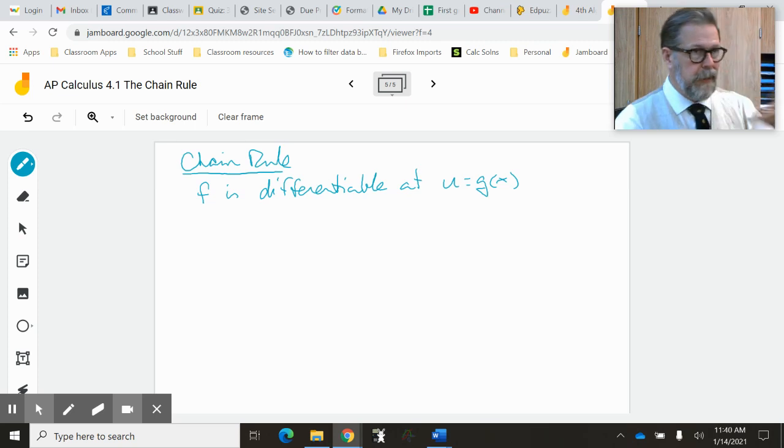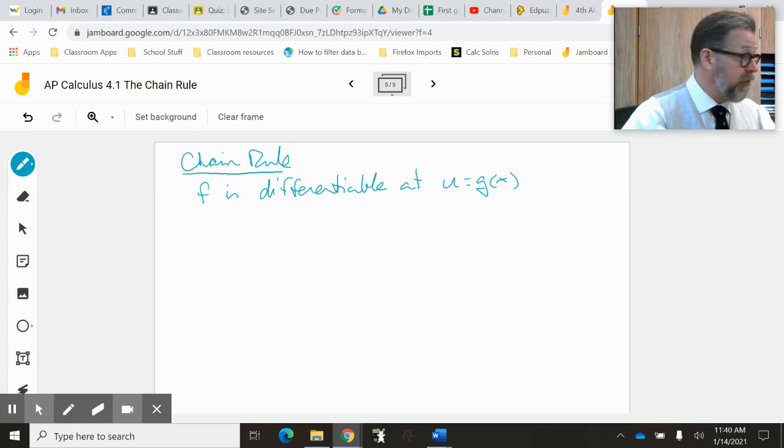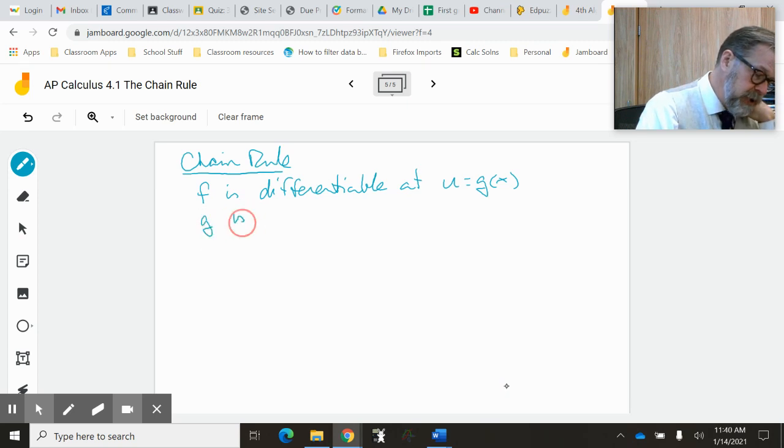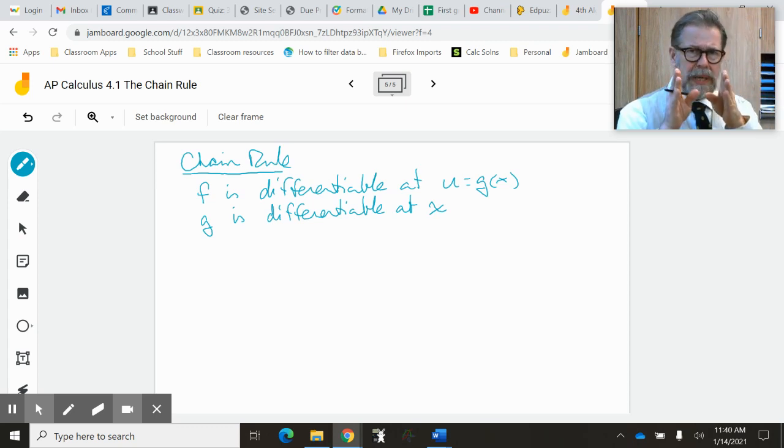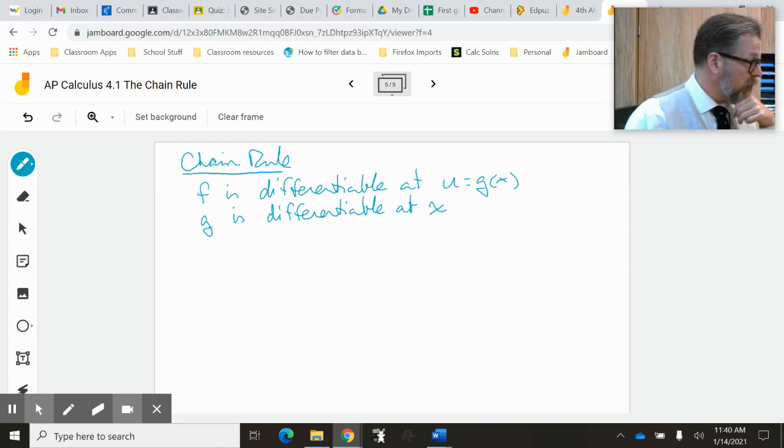So it's important that it be differentiable or you can't take the derivative. Seems obvious, but we have to say it. That function g is differentiable at x. So again, we have to be very careful that the bit that we're looking at, is this function differentiable, and is that other function differentiable?